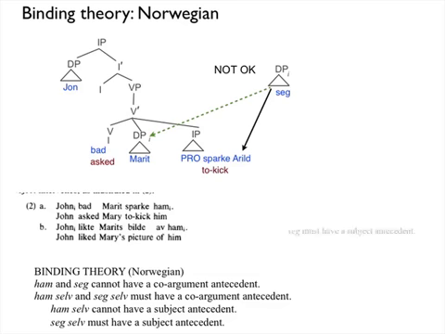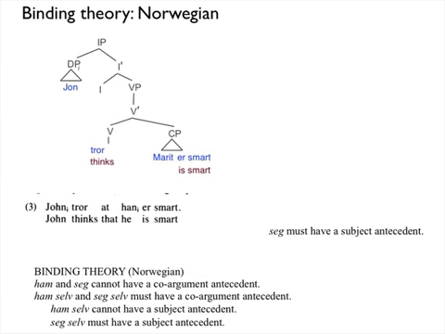So you have this subject versus object working here. So seg must have a subject antecedent, has to be outside of the clause that it's contained in, but it has to be a subject, right? And then we take a tense clause situation, right?